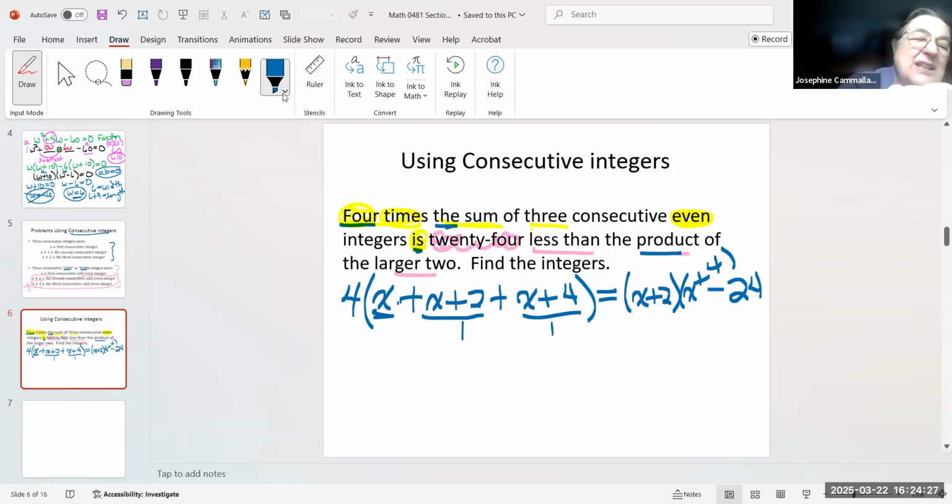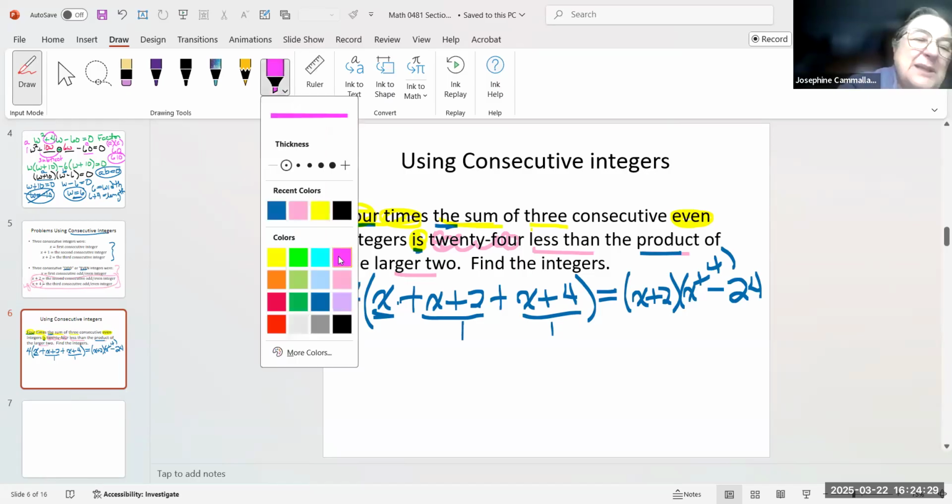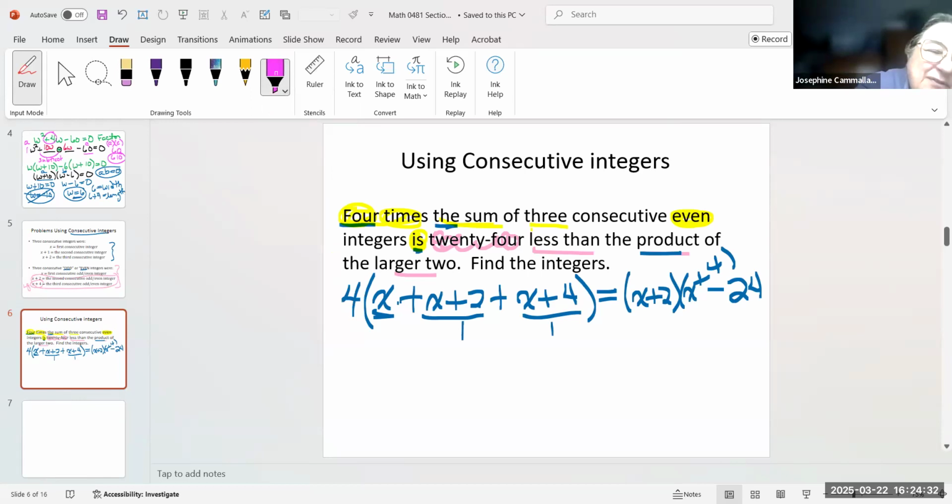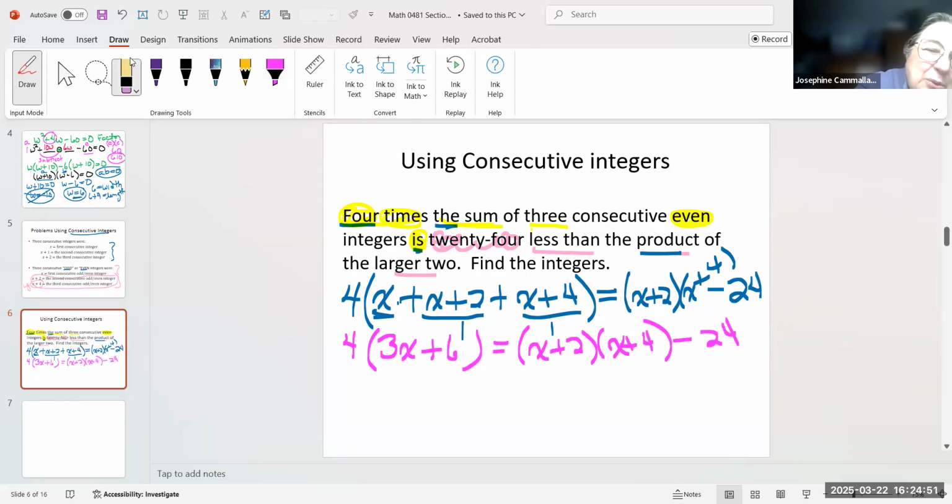Well, let's do a little combining here first. This will give me 4, 3x minus 24. And I'm going to make that a little better here. This is x plus 4. Okay.